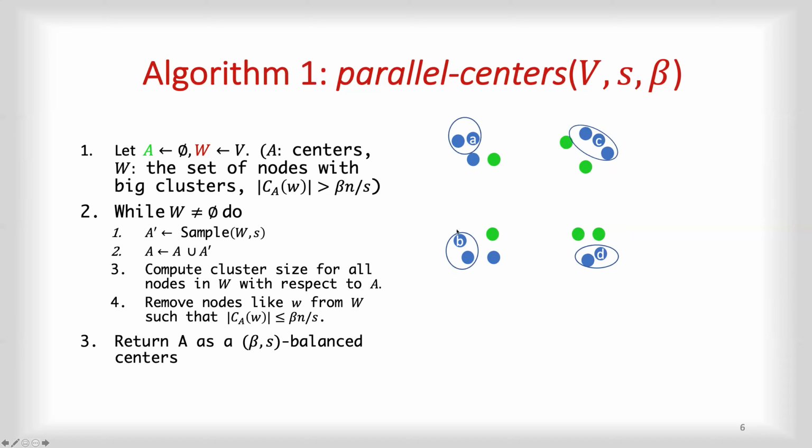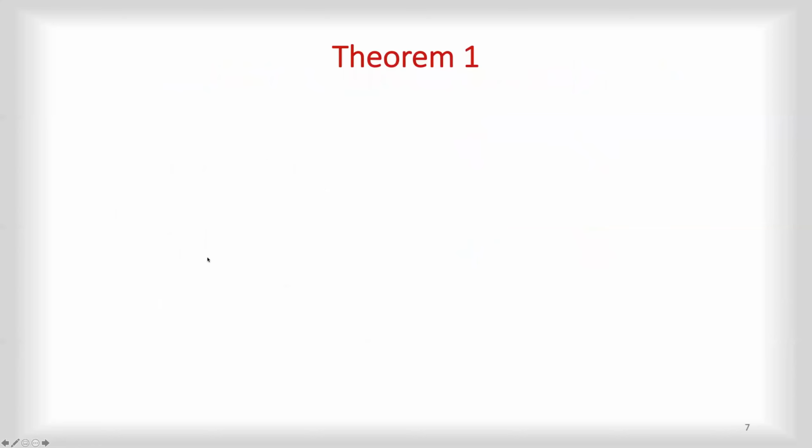The key idea here is that when we remove a node from the set W, it's going to be fixed, because when we add more nodes to the centers, it cannot cause the cluster sizes to increase. So all we need to prove is how many iterations it takes to find this set of centers, and what the size of these centers is.